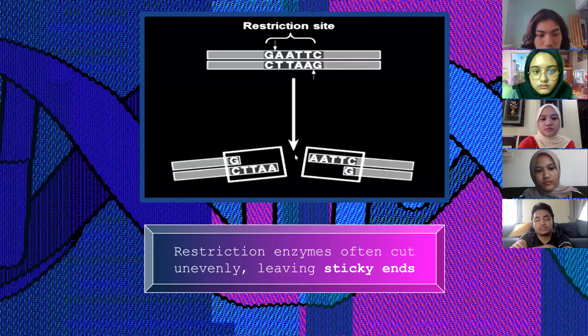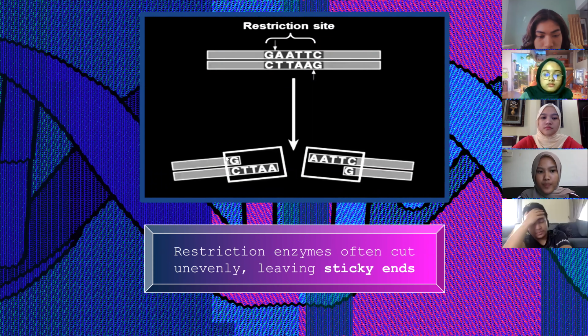These uneven DNA sequences are known as sticky ends. They are sticky because, since there is only one DNA strand exposed here, it can easily bind through complementary base pairing rules to another sticky end. And this is important to genetic engineering. So here we've got our sticky ends.